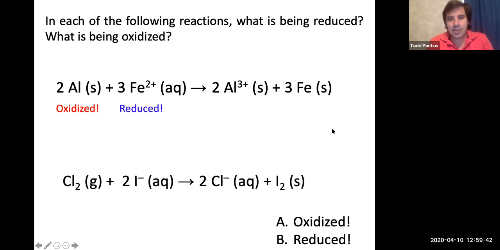How about this reaction here? What's happening to chlorine? Is it getting oxidized or reduced?